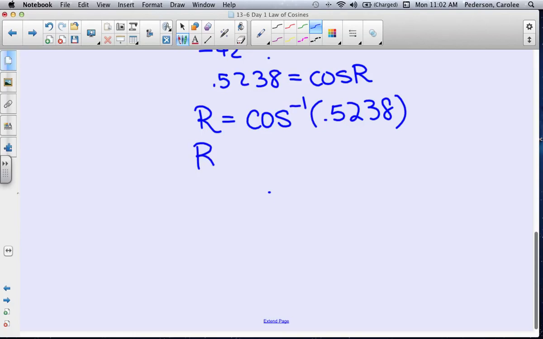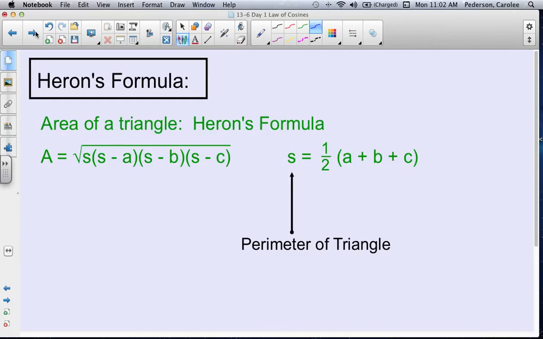Our angle for R is 58.4 degrees. So that's how you can use the law of cosines to find an angle measure. A little bit more work than using the law of cosines just to find a side length. We'll do the next video on Heron's formula.